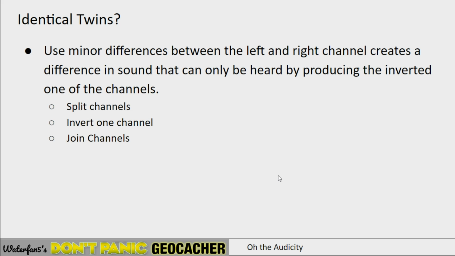So what you would have to do is split the channels, left and right, invert one of them so it becomes the negative noise, and then merge them back together so that the parts that are equal eliminate each other, and the only thing left is the delta. We can both visually see it, so your puzzle could be a visual puzzle, or we can listen to it and it can be an audible puzzle. So let's take a look.